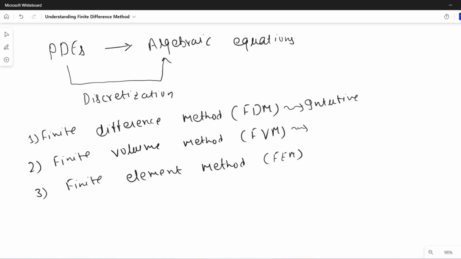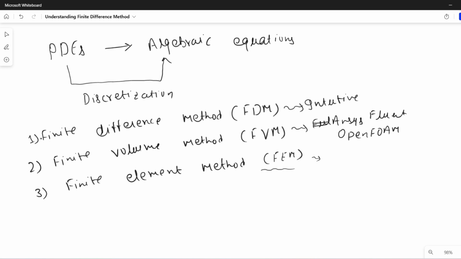But in computational fluid dynamics, finite volume method is the most commonly used technique to discretize the PDEs into algebraic equations, and most of the softwares such as ANSYS Fluent or OpenFOAM are all based upon finite volume methods. In CFD, finite element method is not much used. It is mostly used in structural mechanics.